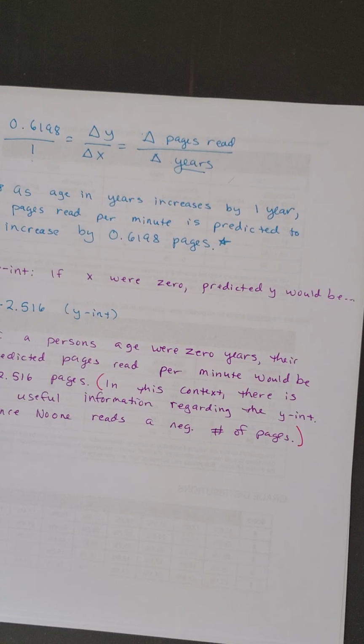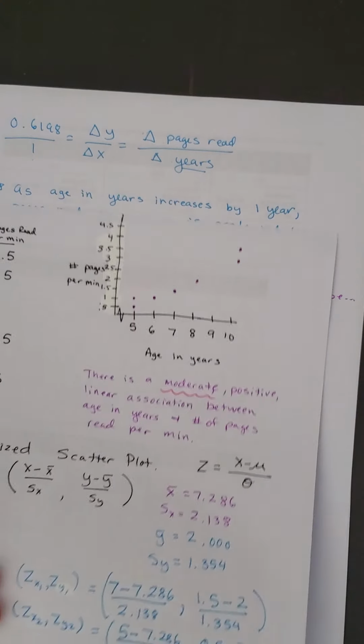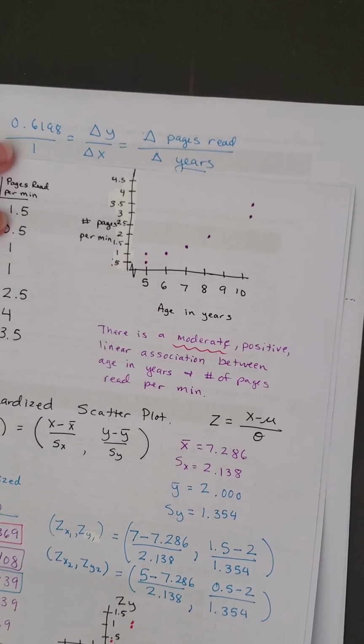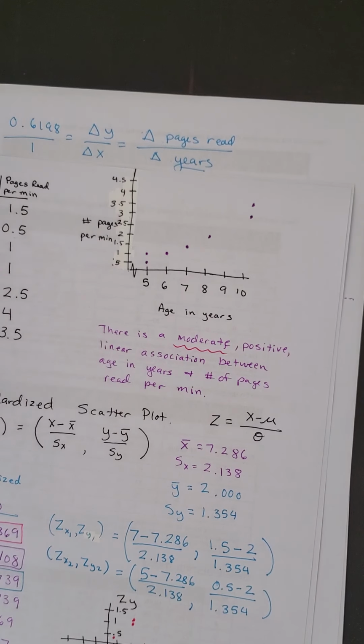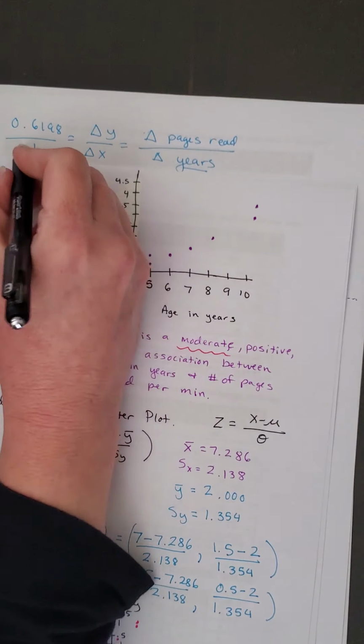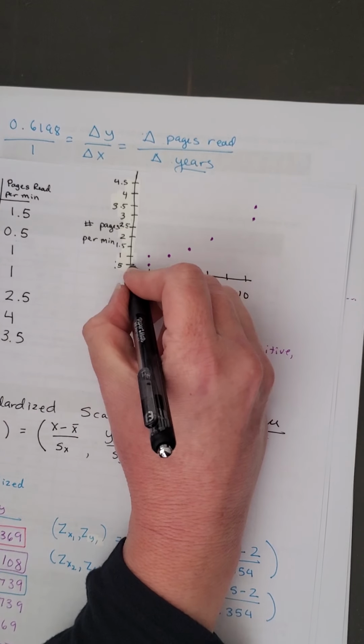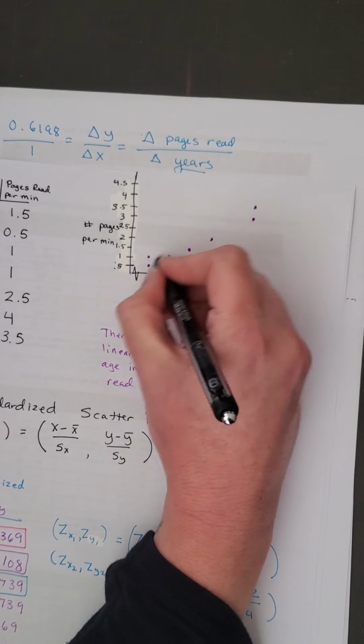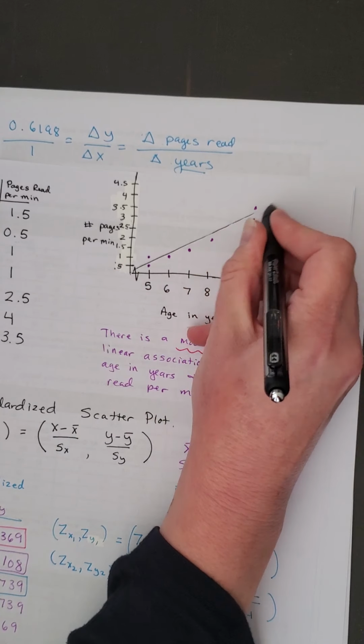There's more to do with the notes. Actually, I think I want to finish off with one thing before I stop. We talked about the slope of the line. So now that we know what the slope is, 0.6198, the line is going up by 0.6198 for each 1 unit in years. So can you picture this line, a best fit in here somewhere?